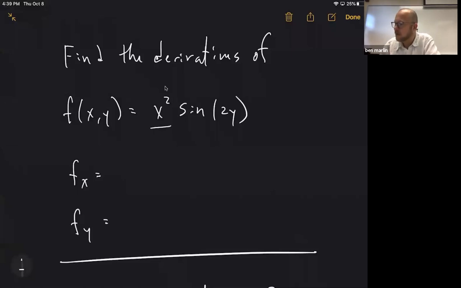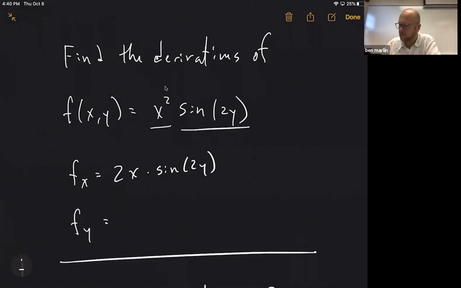This is a variable, but this piece is a constant. So I have 2x times that constant. Because y doesn't change, I don't have to do anything to it. And that's it. That's all there was to that.